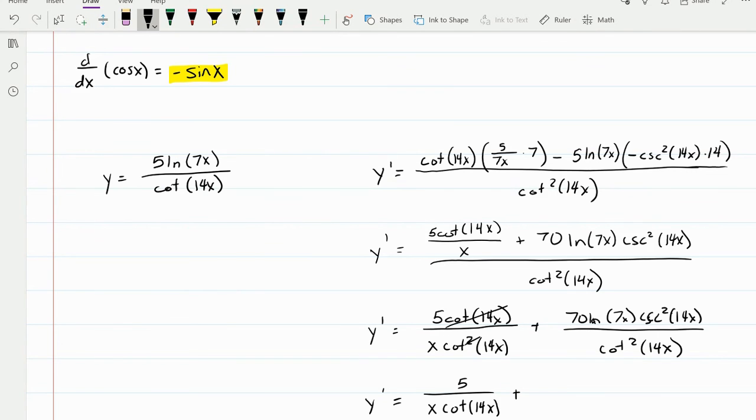So we could actually simplify cosecant squared of an angle measure over cotangent squared of that same angle measure, like so. 70 ln 7x over cosine squared of 14x. There it is. Great work, everybody.